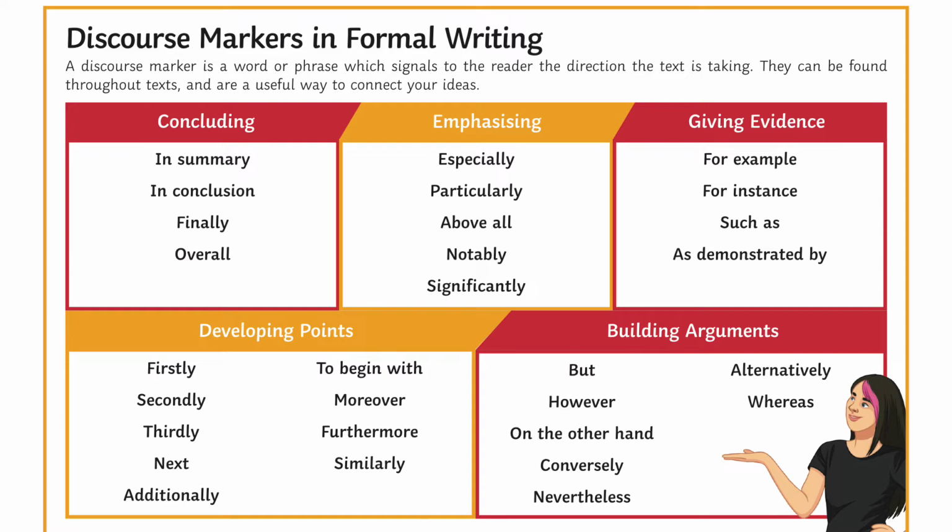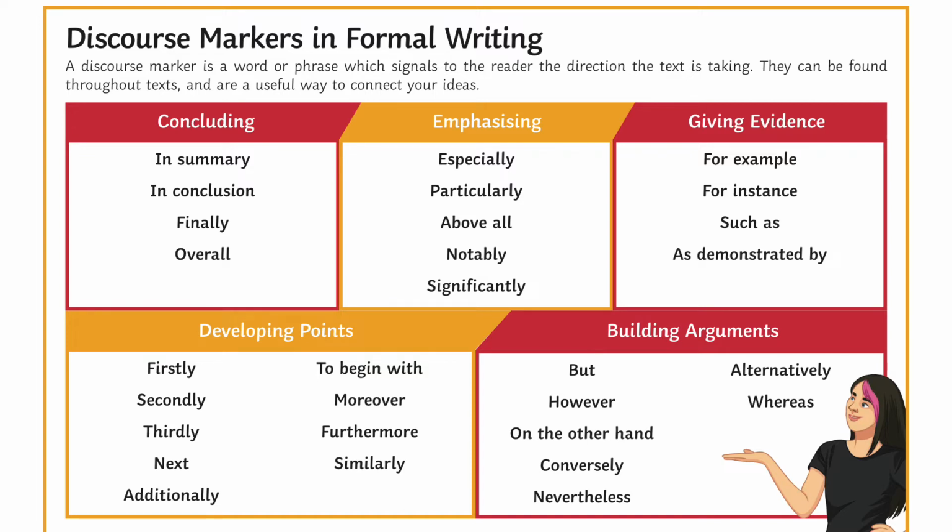For concluding an argument, you can use in summary, in conclusion, finally, overall, or to summarize. To show that you are emphasizing an idea, you can use markers like especially, particularly, above all, notably, and significantly.